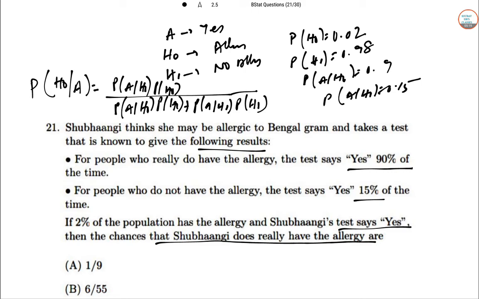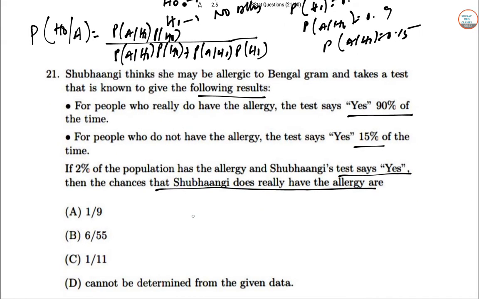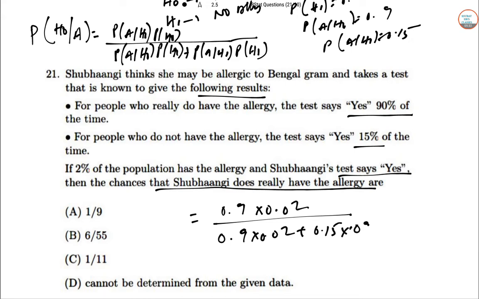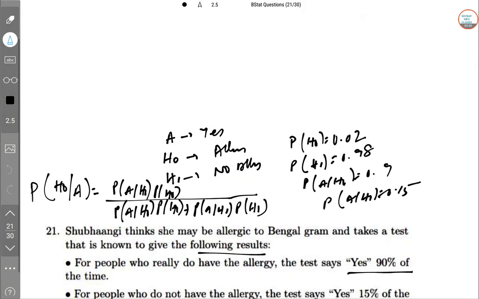If we calculate this, this is 0.9 into 0.02 divided by 0.9 into 0.02 plus 0.15 into 0.98. Once the calculation is done, this is 18 by 165 or 6 by 55. So the answer is B, correct.